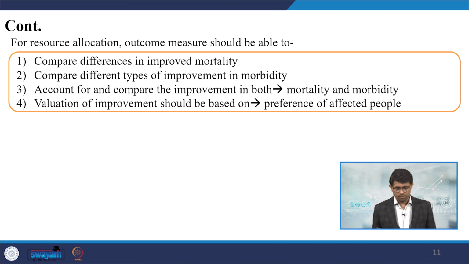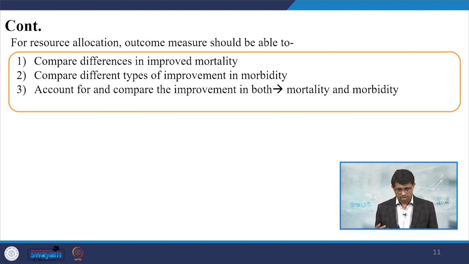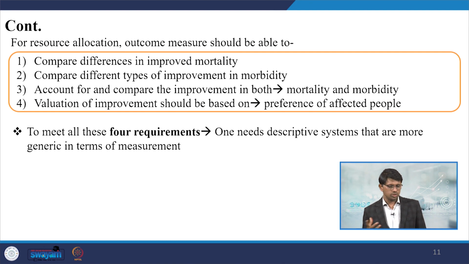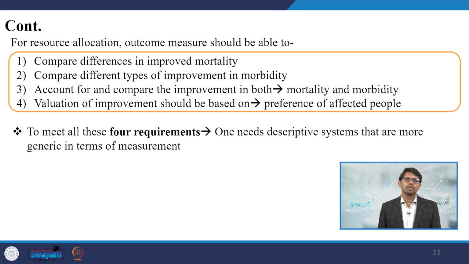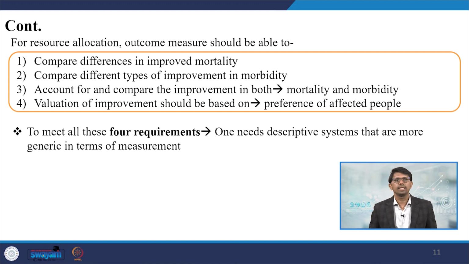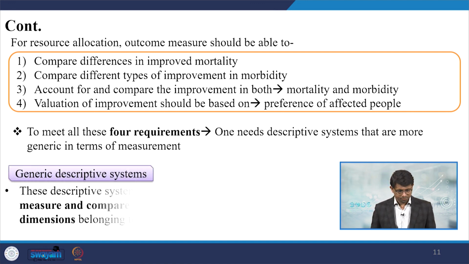These are a little difficult in the previous case. I think the later models will use those aspects. To meet all these 4 requirements, one needs descriptive systems that are more generic in terms of measurement.